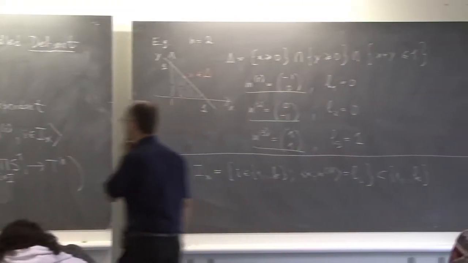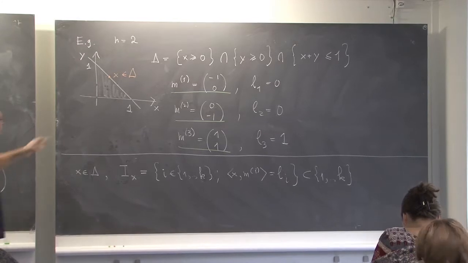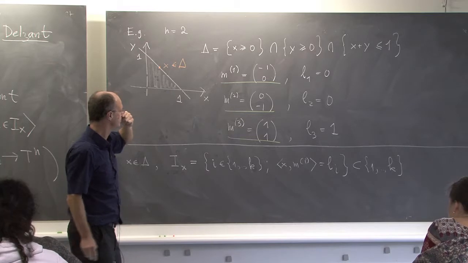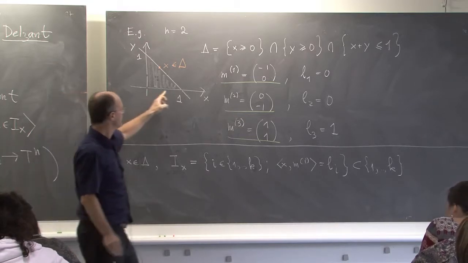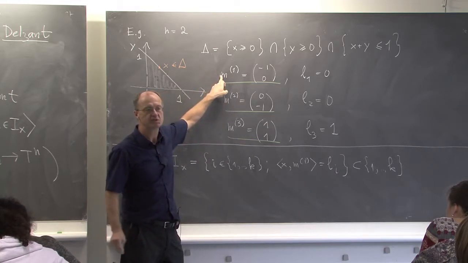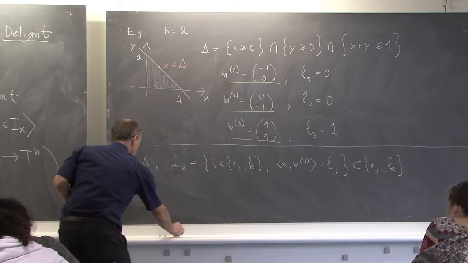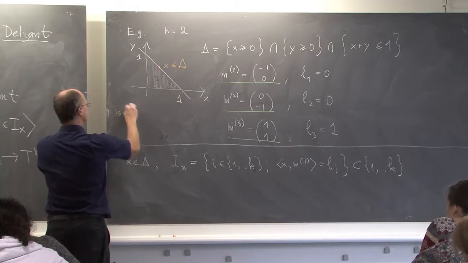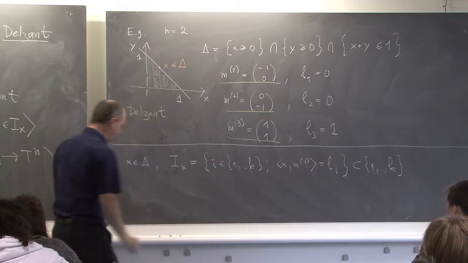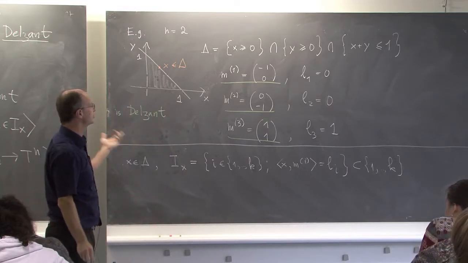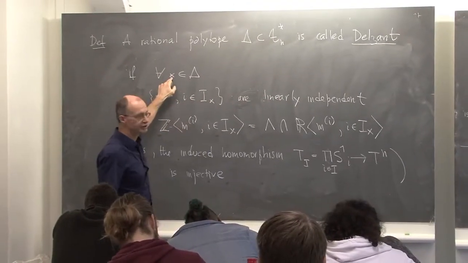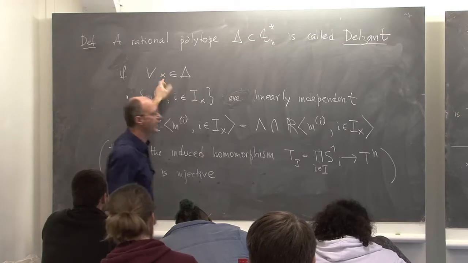In particular, perhaps note that this polytope with those defining inequalities is actually Delzant. And what should one check about it? We have some conditions to be checked for each x.